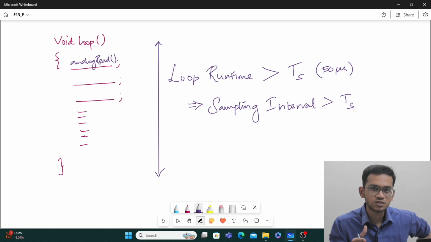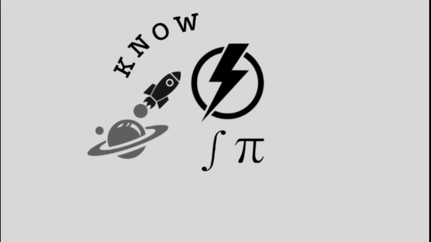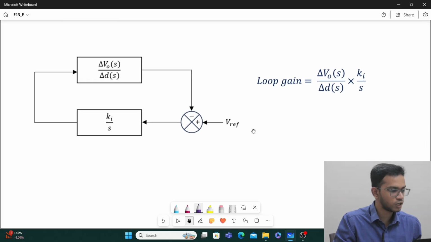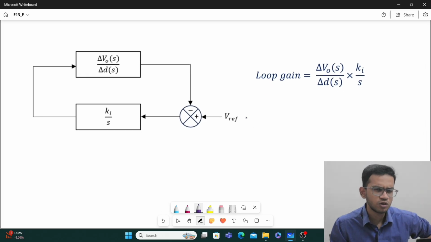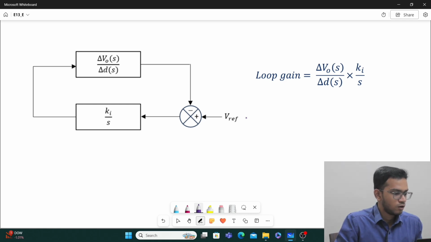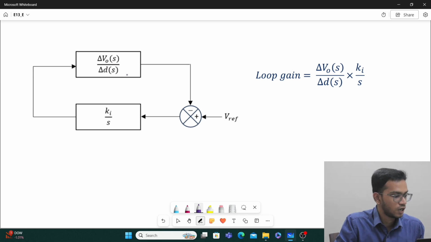So this pushes us to a position where we have to first analyze whether this is fine or not. If you remember this from the second video of this entire Arduino series, we came across a system like this in which we have our transfer function, which is our del v of top s by del d of s transfer function, and then since we are using an integral controller, we will have a ki by s here.